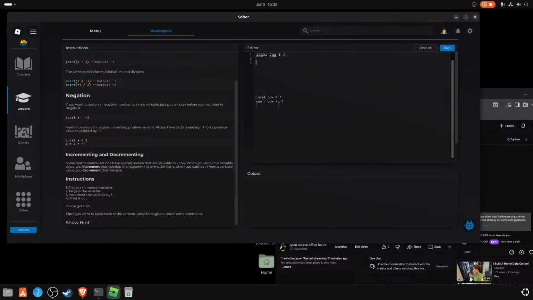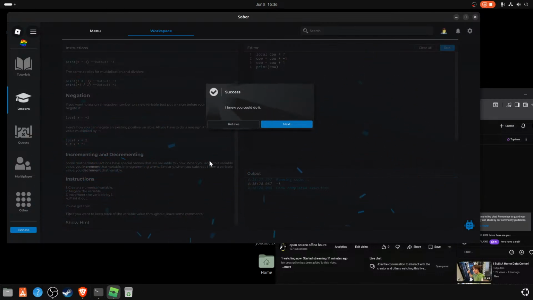I'm doing it without looking now. And then cow equals cow plus 1. Print cow. So how does this go?